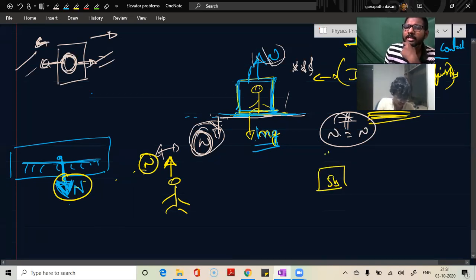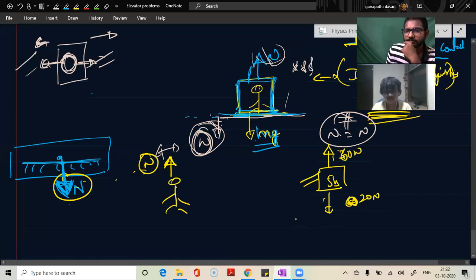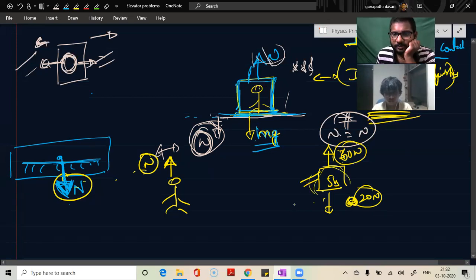Suppose 60 Newtons here, and another 20 Newtons acting there. These two forces are acting on this 5 kg block. This 60 and 20 are external forces on this 5 kg block. Is it okay?